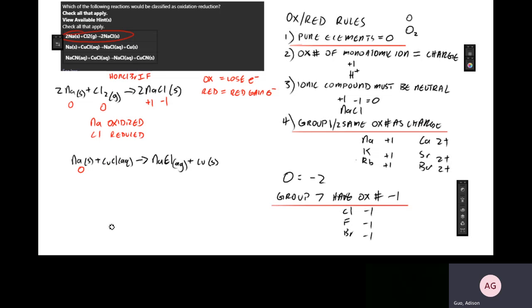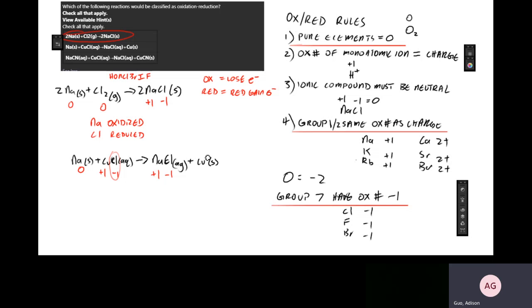So we're going to start with the chlorine because we know that chlorine has to be -1, which means that copper must be +1. So we start over here first because chlorine is something we have in our rules. So that's like our starting point. If we look over here, chlorine is still -1, which means sodium must be +1.